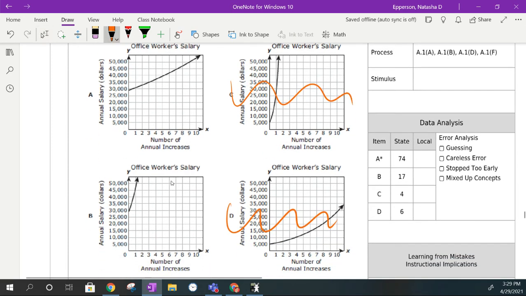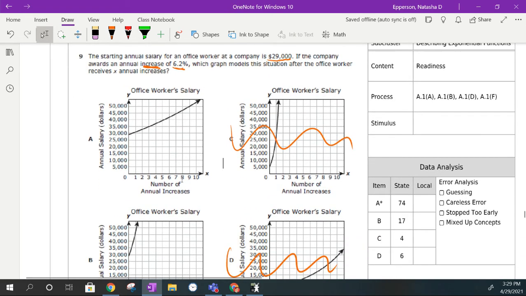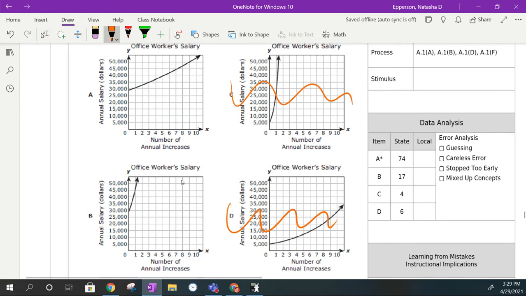If I look at B and A, I want to think about what my rate of change might be. I could look at some values. I could look at 3, and think, okay, after 3 annual years, I'm going to be making how much? So let's think about that.